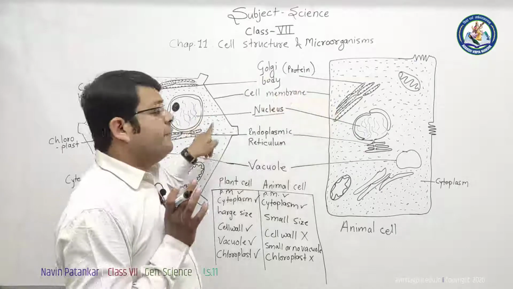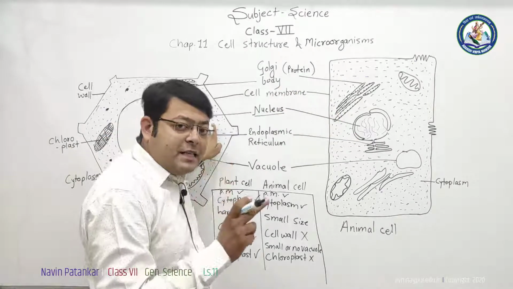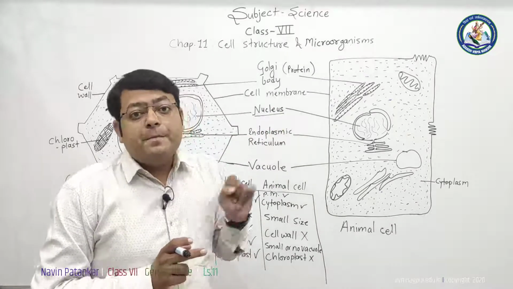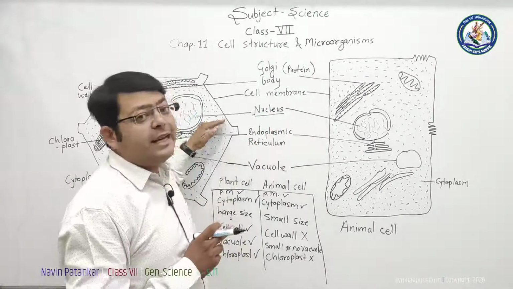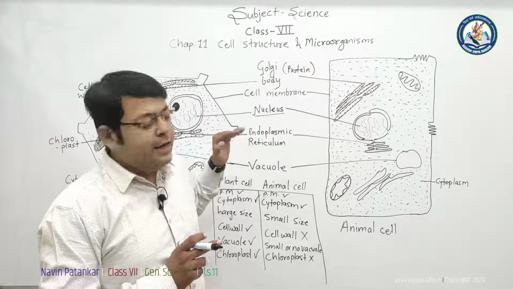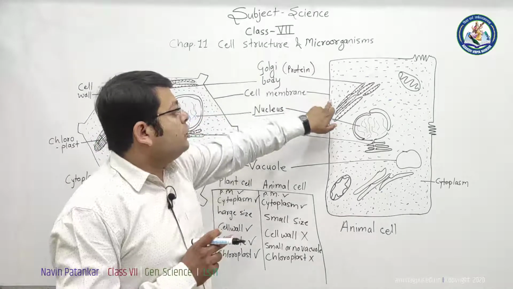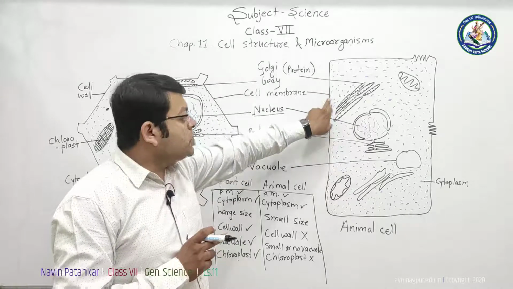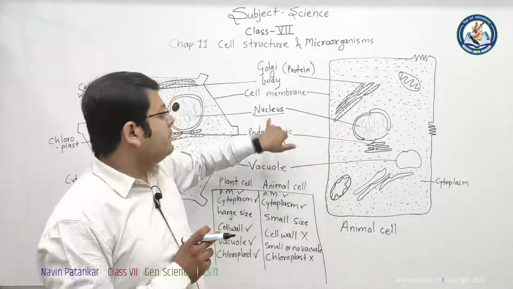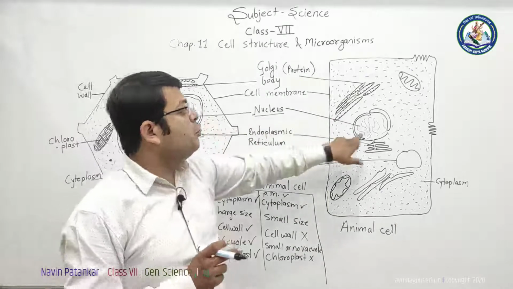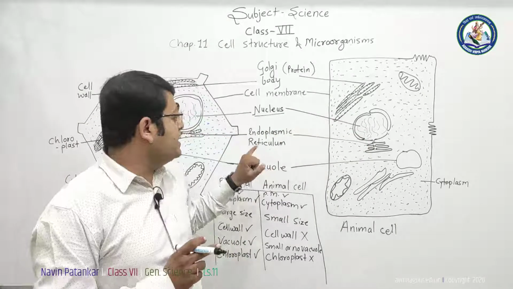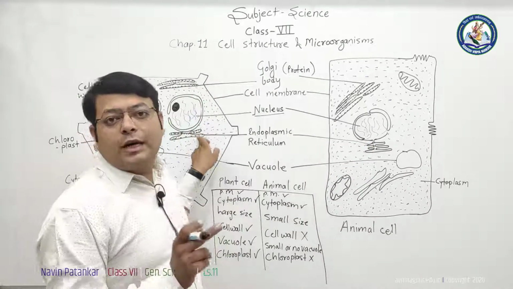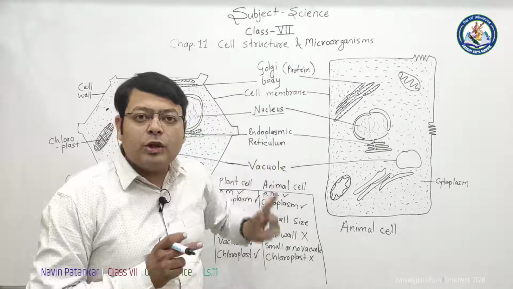But in the plant cell, the cell membrane is not the outermost covering, because here the cell wall is present, okay? So the plasma membrane is the outermost covering of the animal cell. Then the nucleus is present in both cells. The endoplasmic reticulum is connected to the nucleus and is present in both cells.